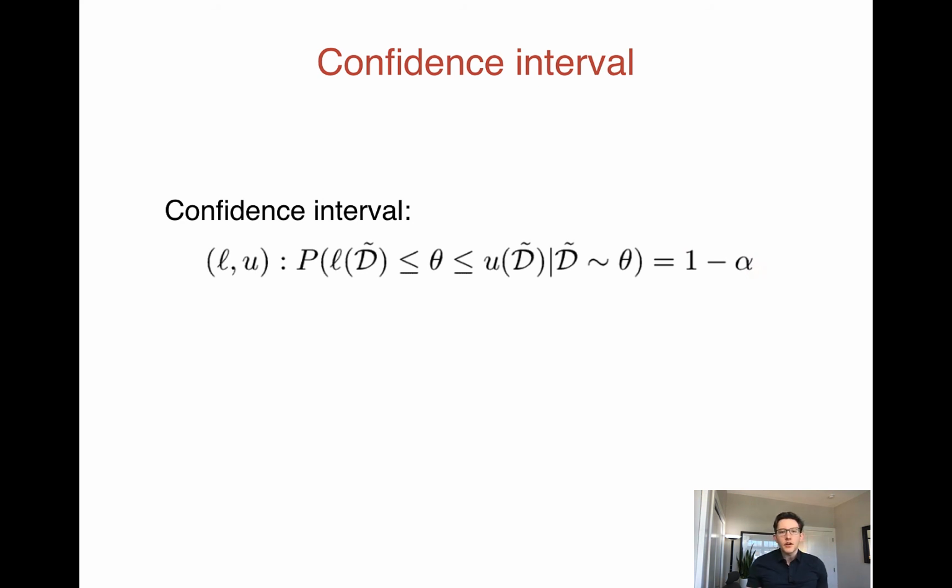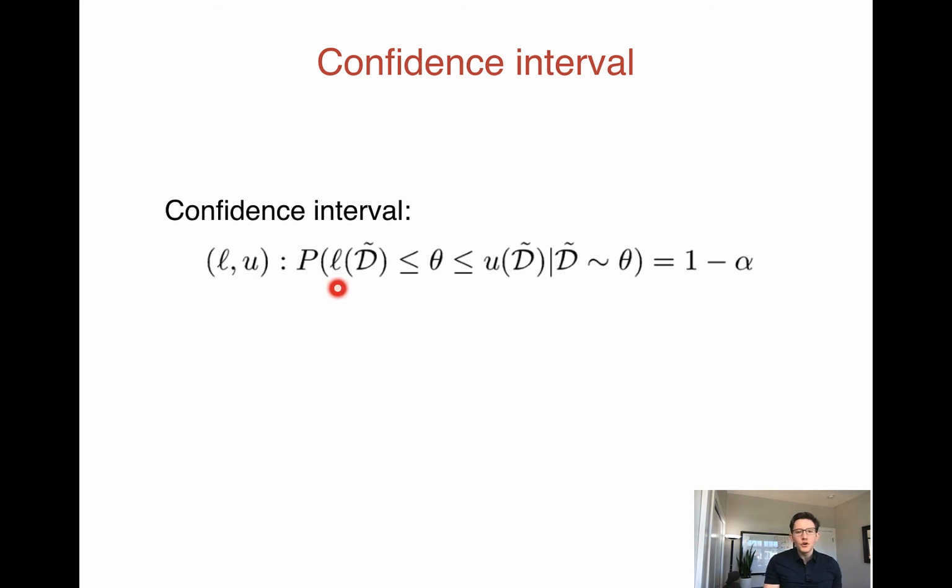So note here that the things that have a distribution over them is not theta, because again, we're not allowed to talk about what's the probability of theta, but L and U, because L and U are a function of our data, and therefore they're a function of the true theta.